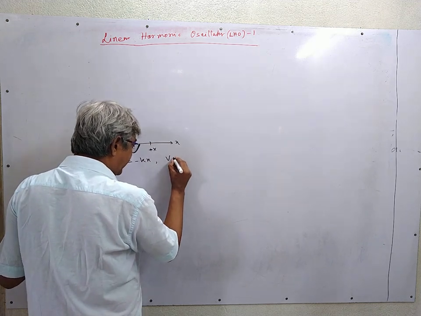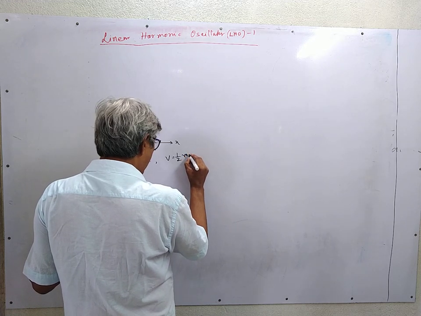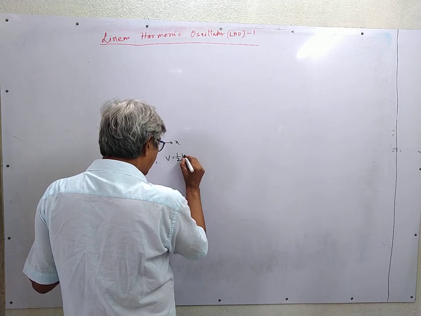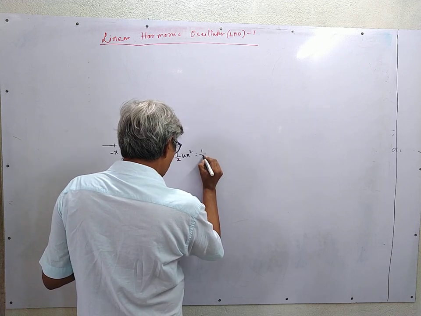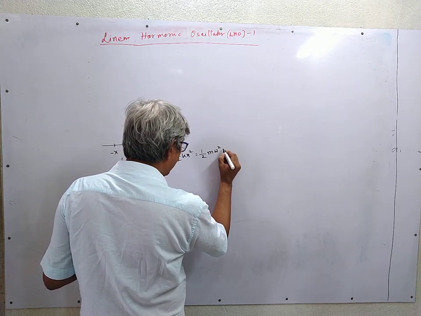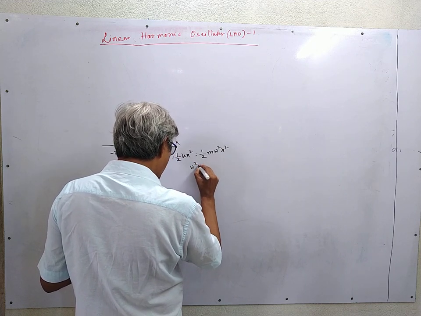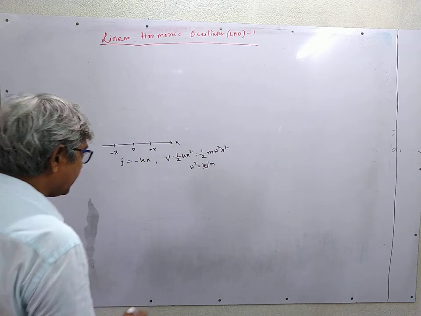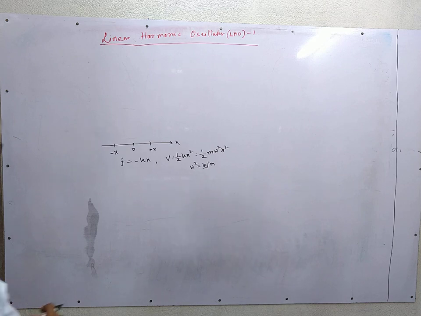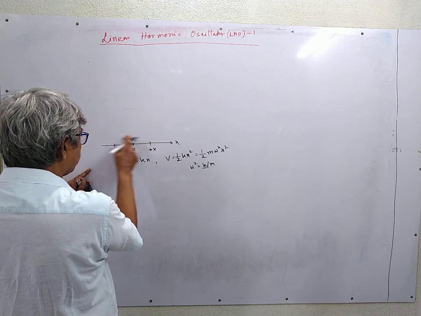Correspondingly, the potential energy comes out to be half kx square, which can also be written as half m omega square x square, where omega square is equal to k by m. k is the spring constant and m is the mass of the particle, and omega is the angular frequency.